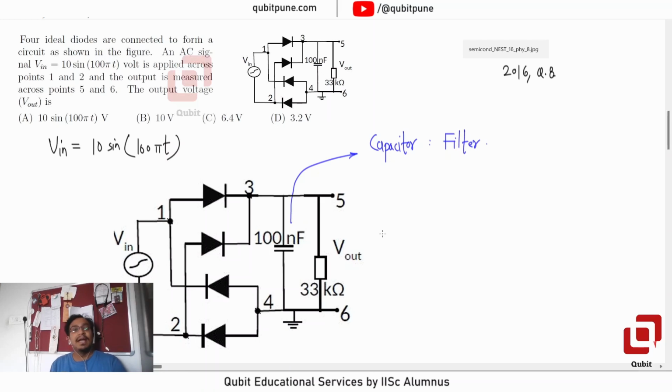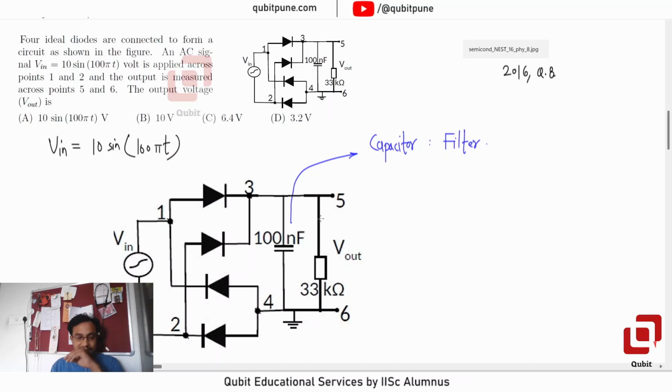It means, had that capacitor been absent, we would have got the voltage with roughly the same amplitude, that's 10 volts, but twice the input frequency. And we have just now seen in the theory that if it is a full wave rectifier, then the frequency doubles.